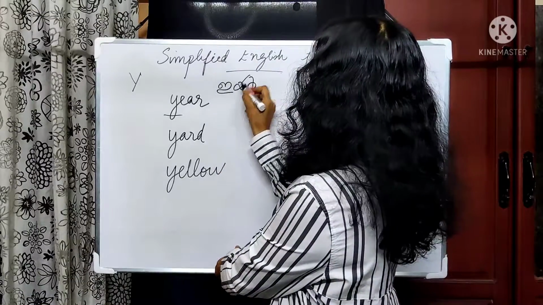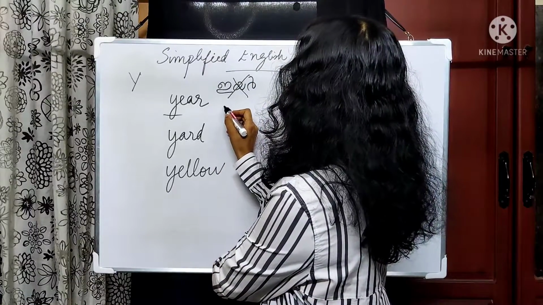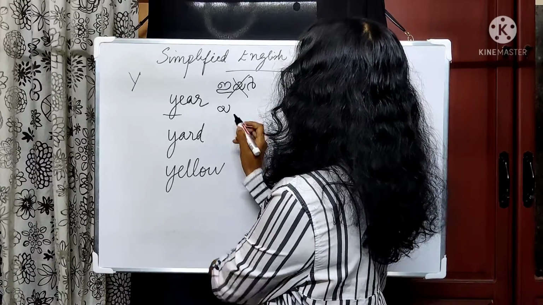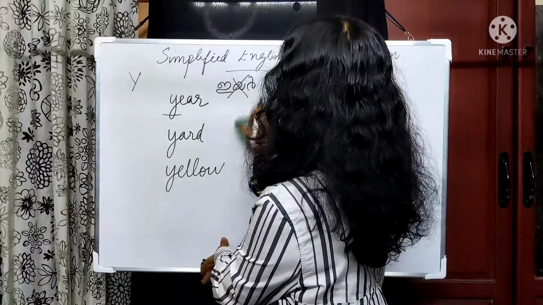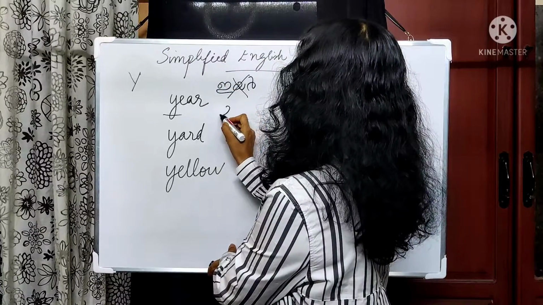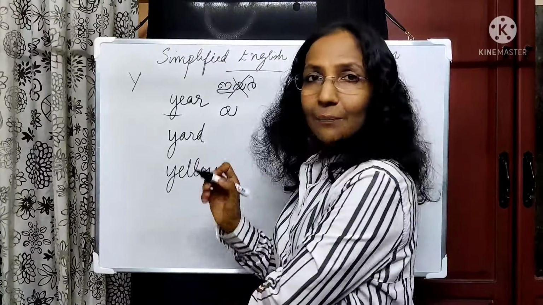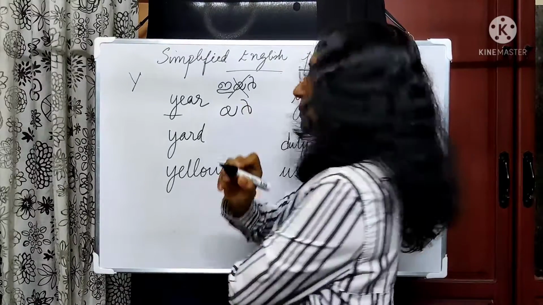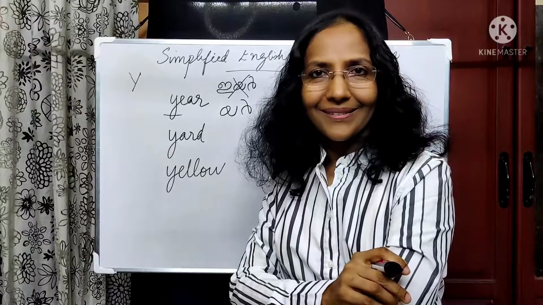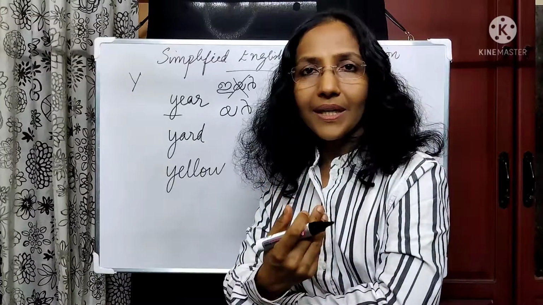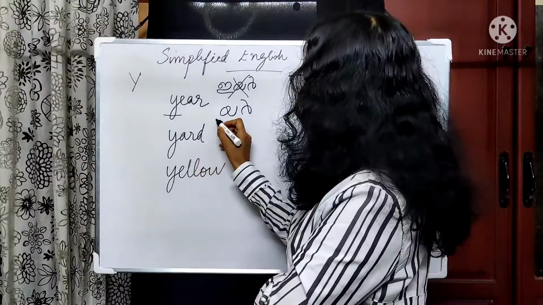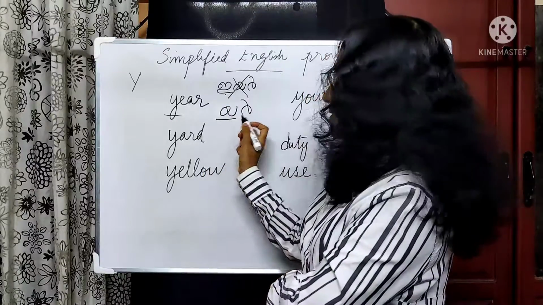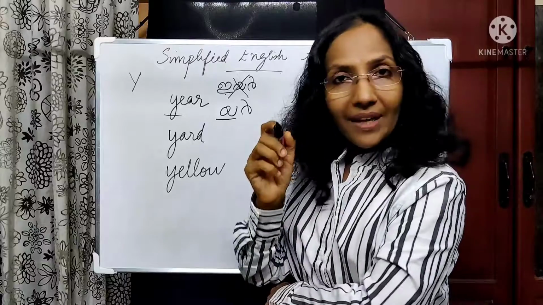The pronunciation has to begin with the sound, Malayalam, ya. Almost this way. That's the sound. It has to begin with this sound. It's not this. It's not ear.